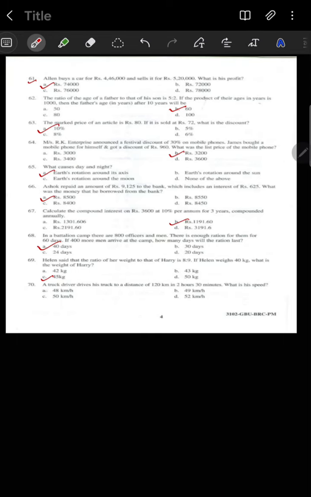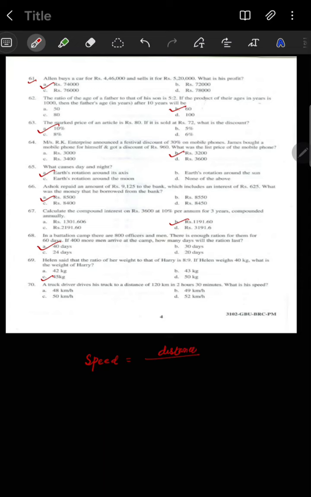Next, question number 70. A truck driver drives his truck to a distance of 120 km in 2 hours 30 minutes. What is his speed? So you have to know the formula of speed. Speed is equal to distance by time.